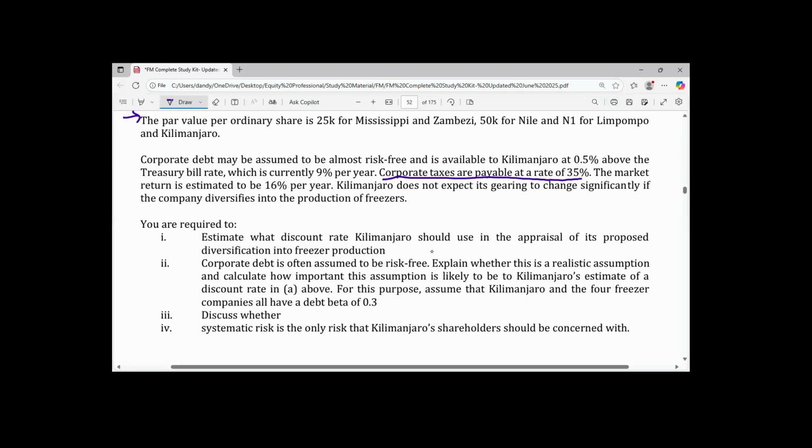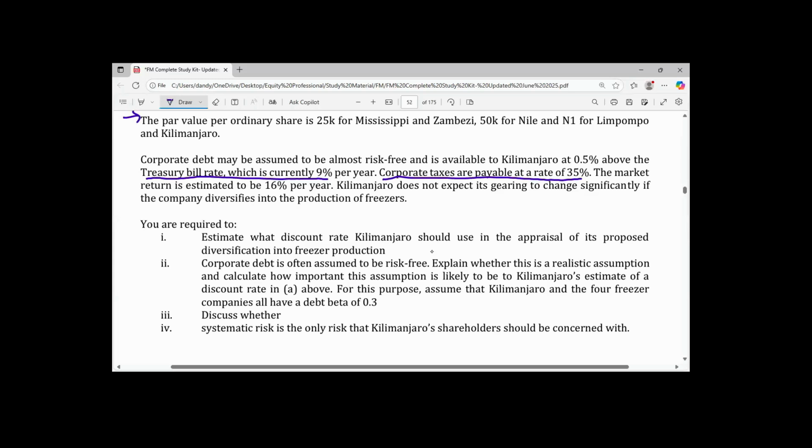Kilimanjaro does not expect its gearing to change significantly if the company diversifies into the production of freezers. You are required to: 1. Estimate what discount rate Kilimanjaro should use in the appraisal of its proposed diversification into freezer production. 2. Corporate debt is often assumed to be risk-free.